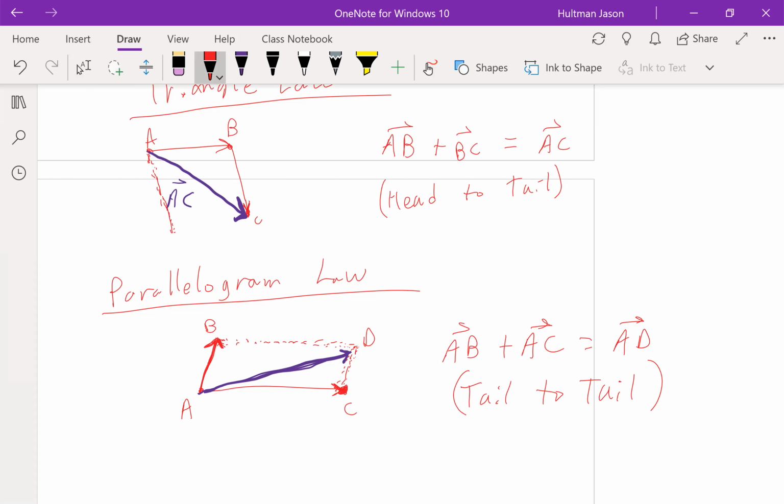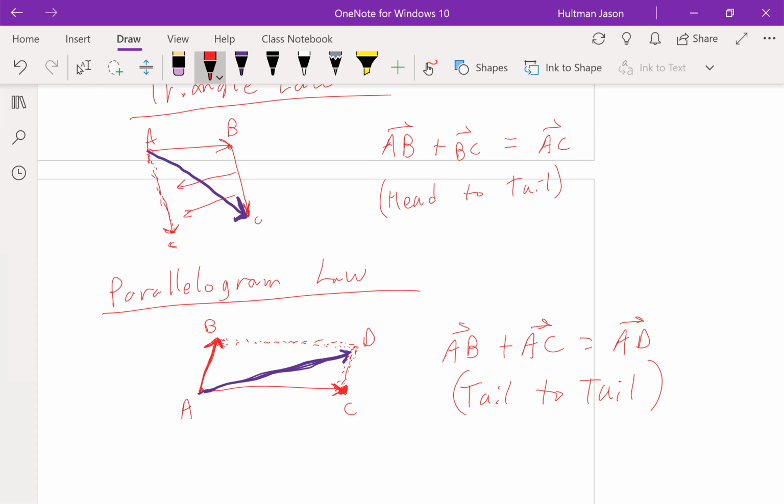Say I move this guy, BC, to now over here. I don't want to get it too cluttered. Get rid of my AC here. But say I push this guy over here, and instead of head to tail, I went to tail to tail.